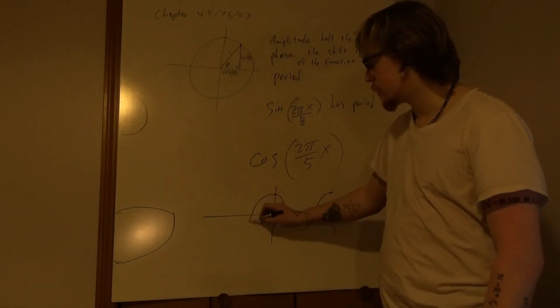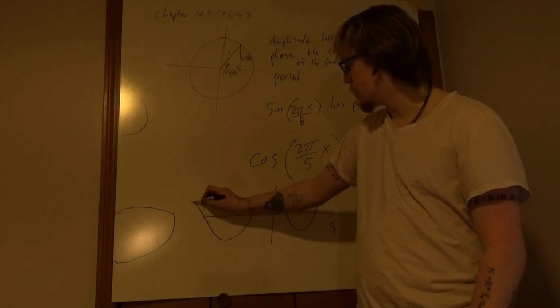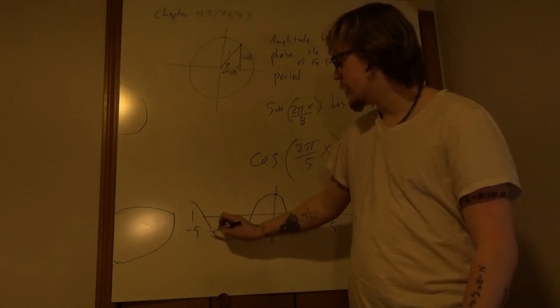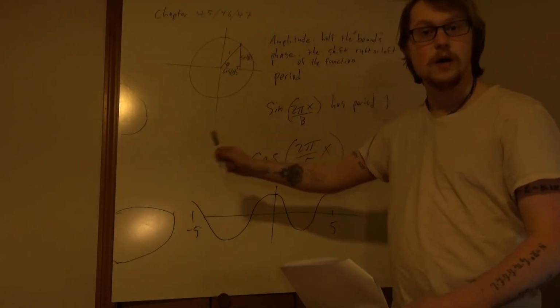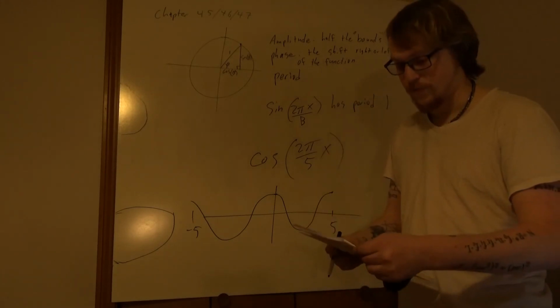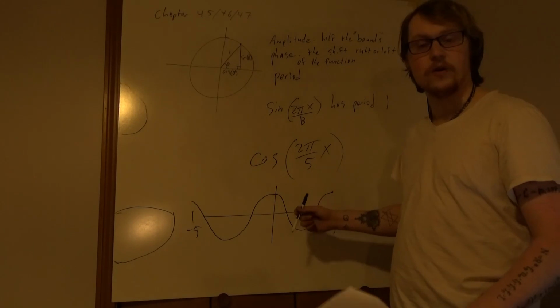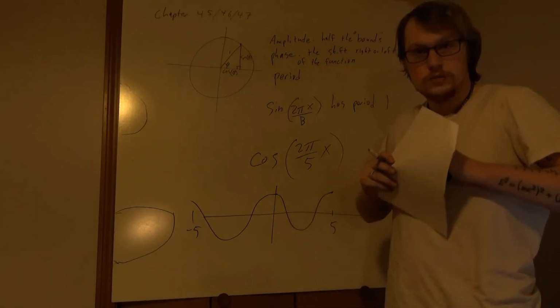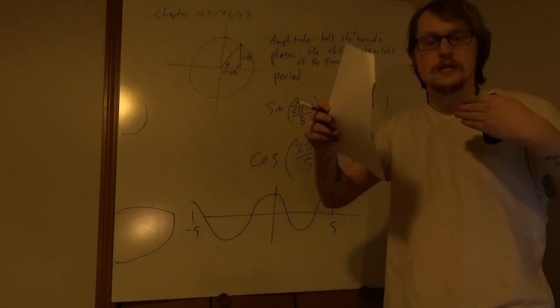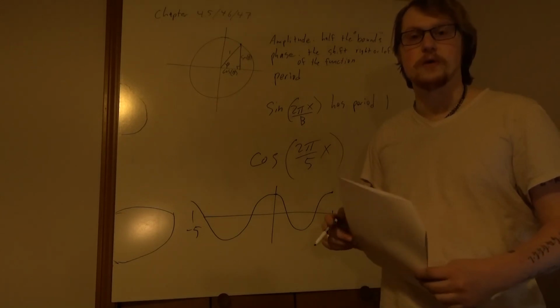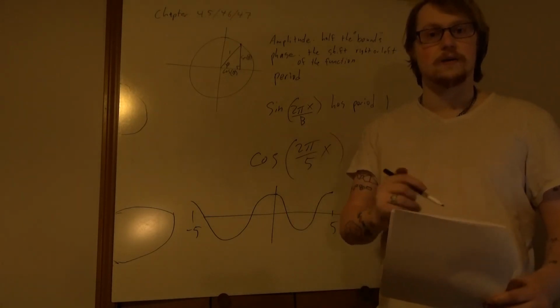And of course, the peak going this way should be at -5, and it should repeat perfectly forward and backwards forever. But what we've done is, by multiplying x by 2 pi over 5, we have essentially stretched and compressed it in exactly the right way so that the period goes from 2 pi to exactly 5.